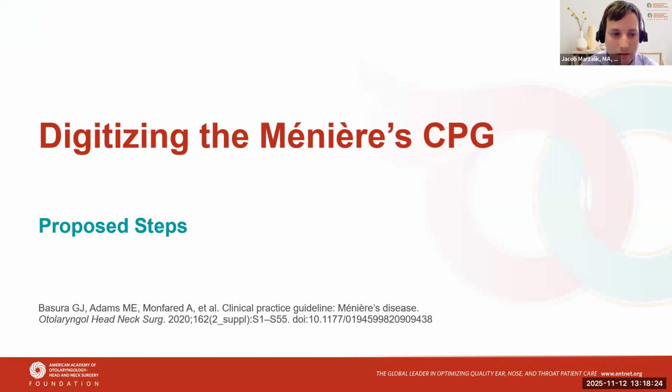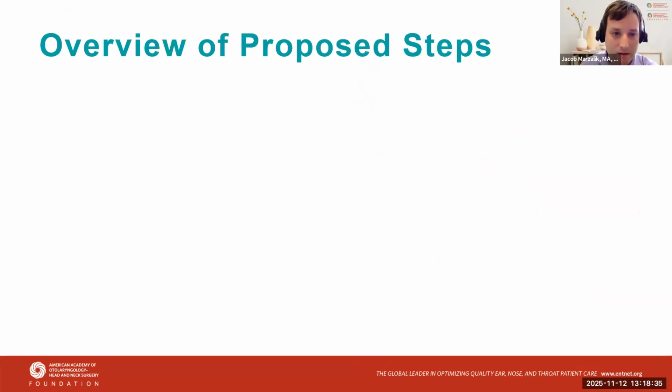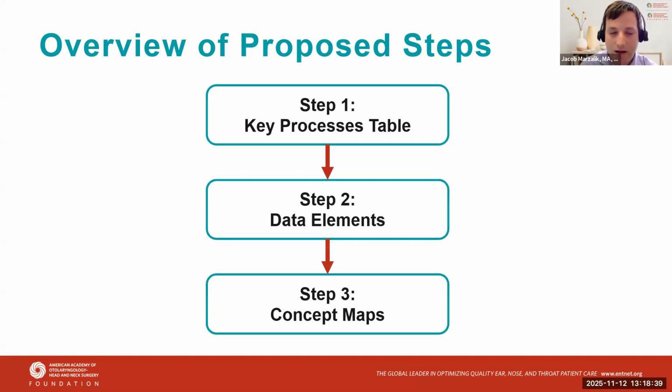Now we'll walk through the example of what we've been working on, digitizing the Meniere's CPG. The clinical practice guideline was published in 2020, and here's an overview of the proposed steps. There are 3 steps. The first step, you develop a key processes table, then you develop a data elements table, and then concept maps.